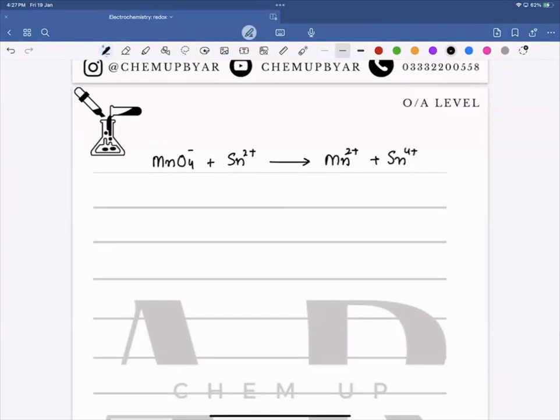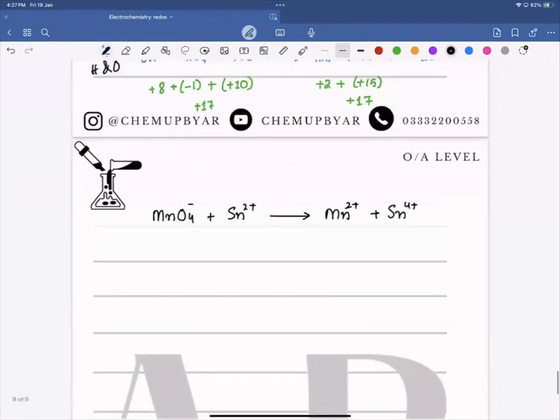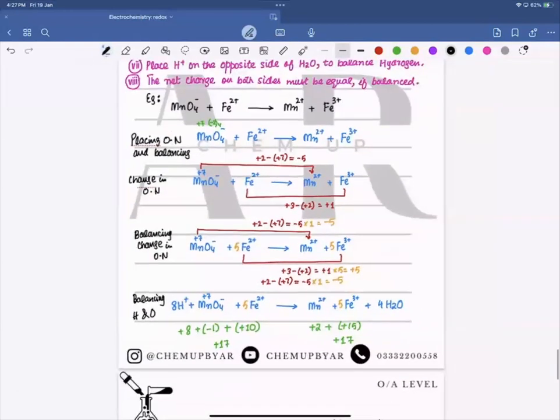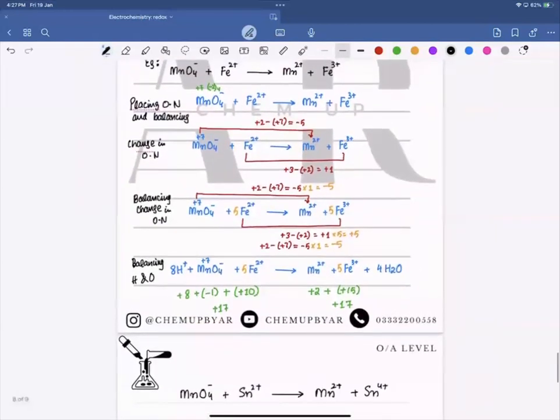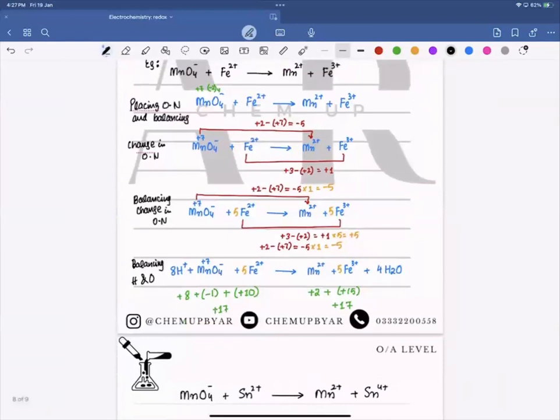So that is the equation, and you have these steps. Balance this equation quickly, and then WhatsApp me.